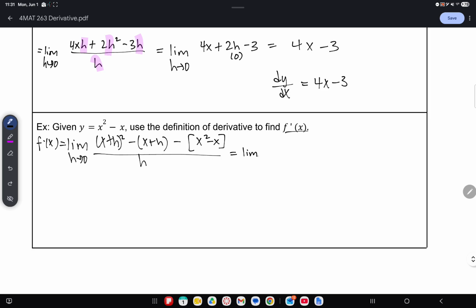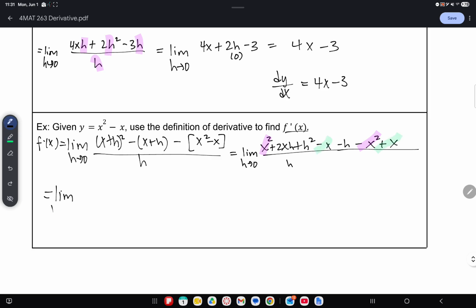Let's do some simplifying or some distributing here. So x squared plus 2xh plus h squared minus x minus h minus x squared plus x. So I have x squared minus x squared, that'll cancel, and then a negative x and a positive x.